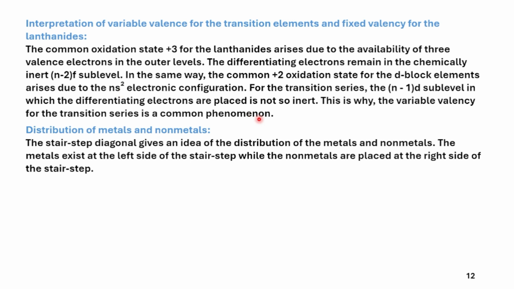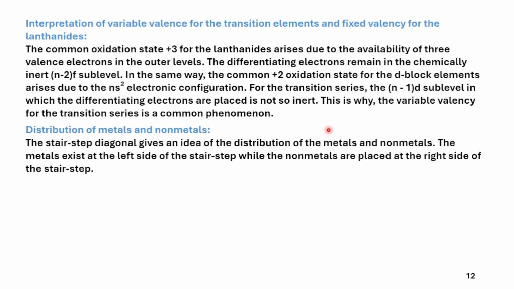But at the same time, they can lose electrons from the (n-1)d as well, because this (n-1)d is not that inert. If you provide a proper amount of energy, this electron can also go out. That's why they have variable oxidation states: +2 for sure, and they can have +3, +4, +5 according to the availability of the (n-1)d shell electrons.